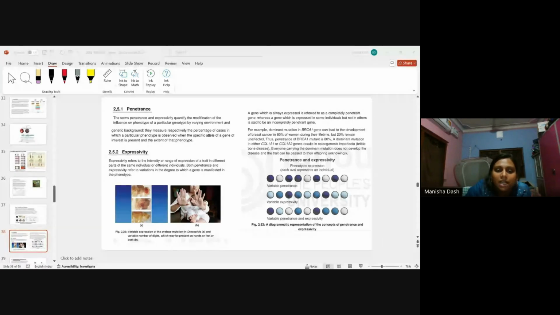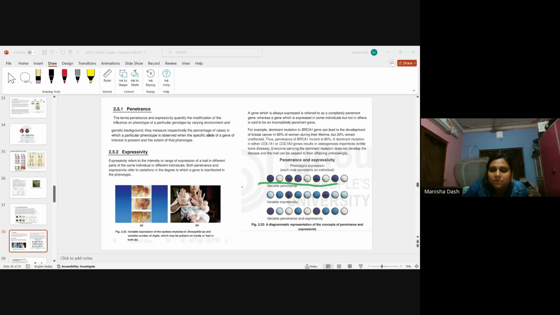If 100 people have this genotype, only 10 people might express the phenotype. That means the gene cannot penetrate completely in the population. So penetrance is a measure of the expression of the phenotype of a particular genotype in a population.